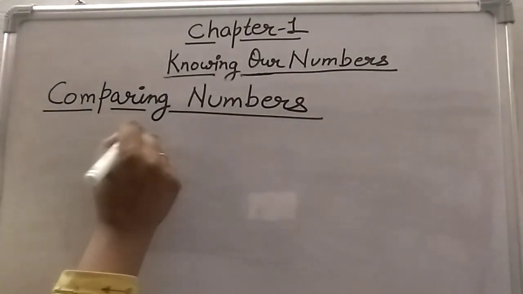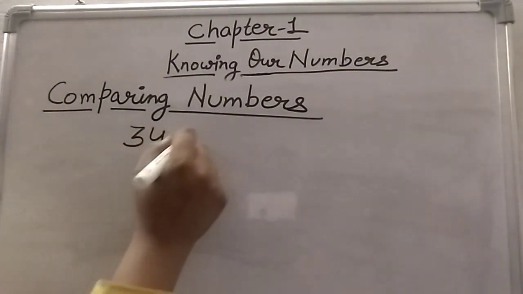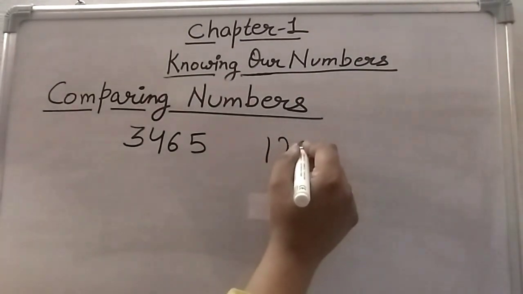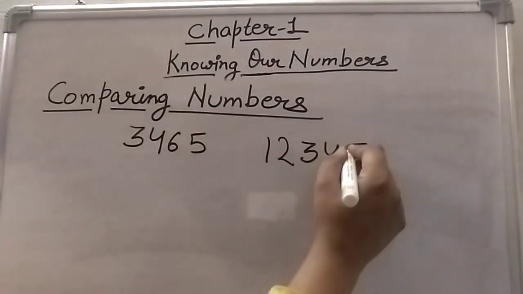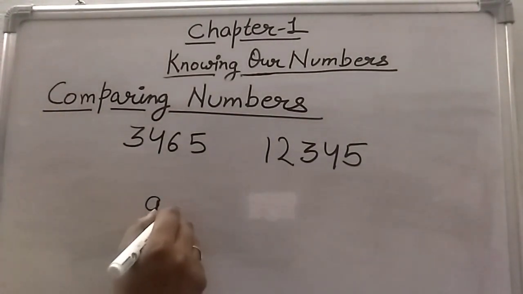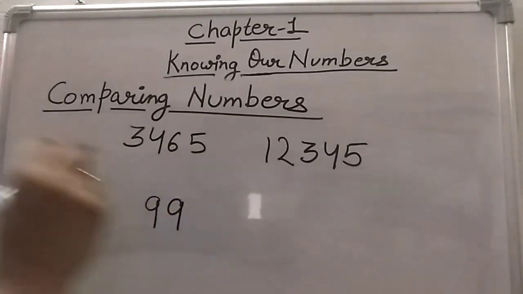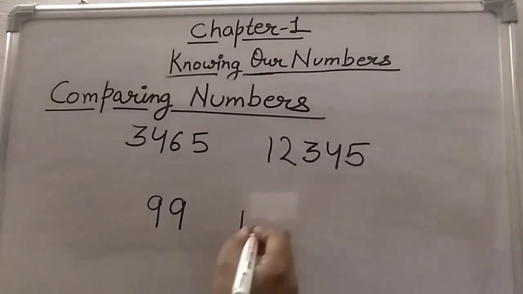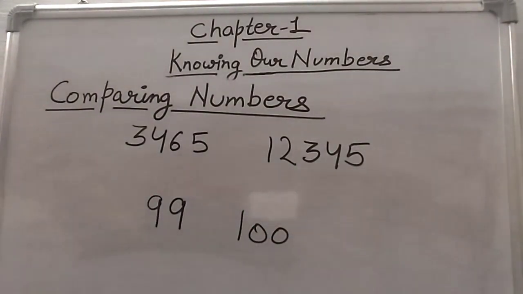Here I am taking two numbers. One is 3465 and second is 12345. Firstly, you tell me if we need to compare 99 and 100, which is the greater one and which is the smaller one?